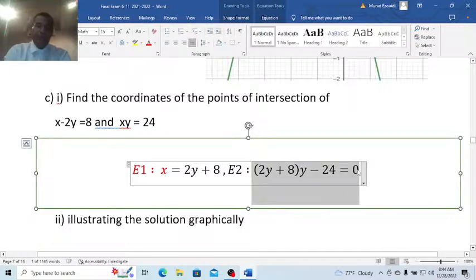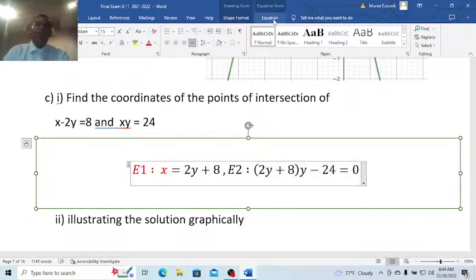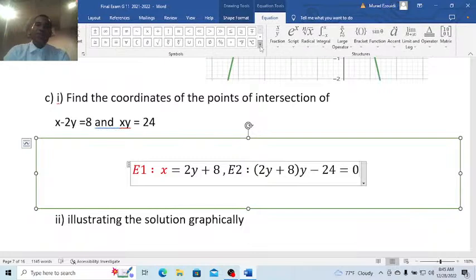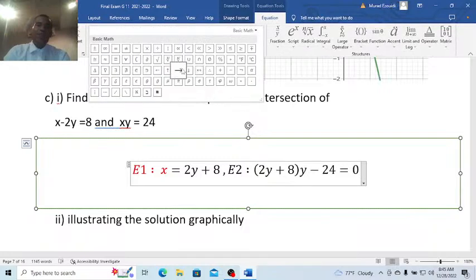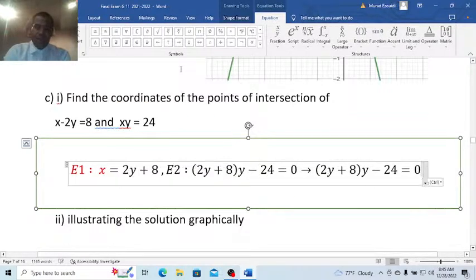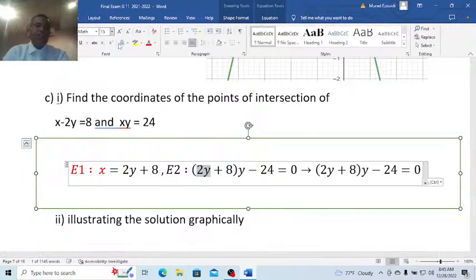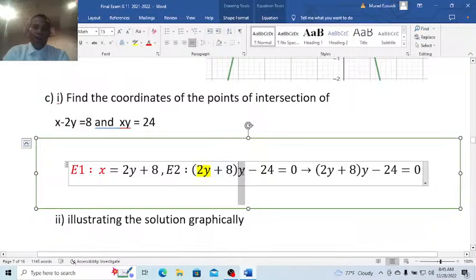I will just expand: 2y multiplied by y is equal to 2y square.